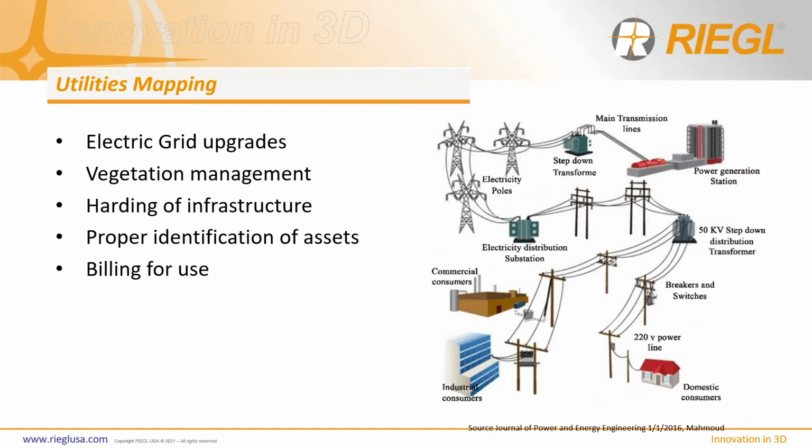So there's a lot of effort being put into redeveloping and redesigning the grid and adding more features to it, along with typical management things, such as making sure that the trees don't knock over power lines during storms, and looking at hardening the infrastructure, whether it's from a temperature standpoint or natural disasters or just where it's been located on the earth in terms of the ground settlement.